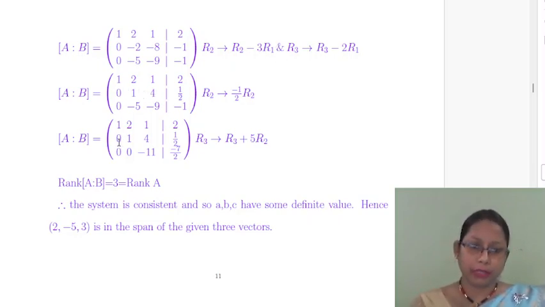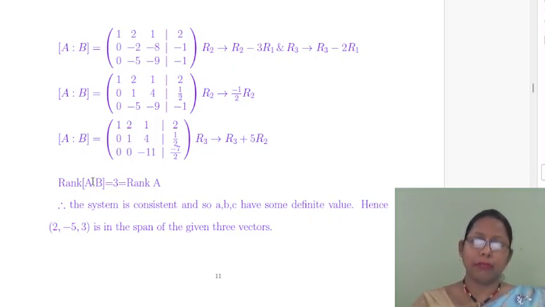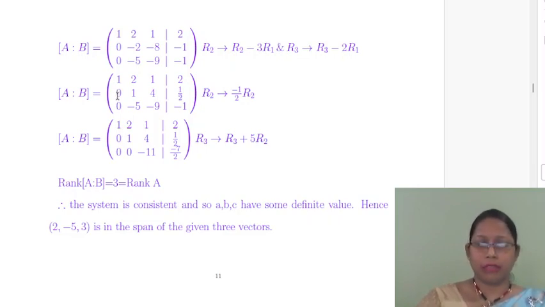So here I am getting this. This is the final augmented matrix. The rank of the augmented matrix is 3. Here the rank of the coefficient matrix is 3. Your final answer is the same, although I made a mistake in this element. Here the rank will be 3.